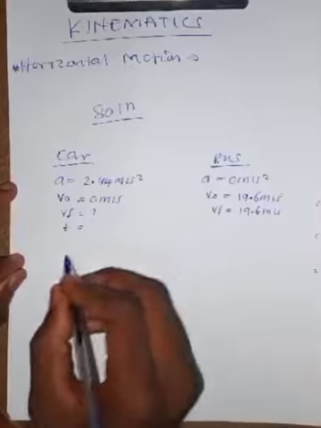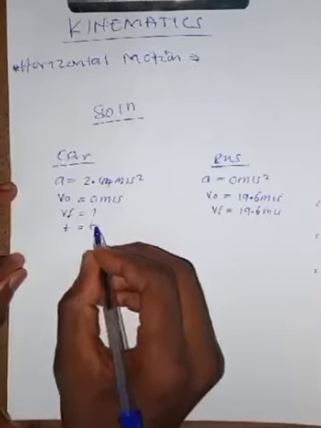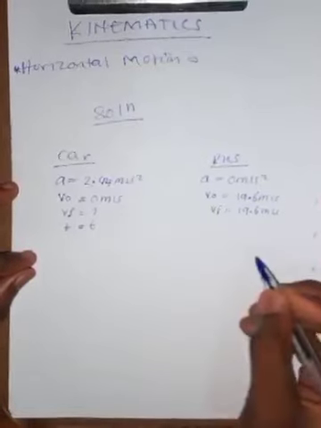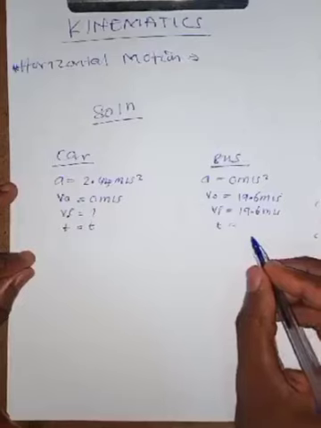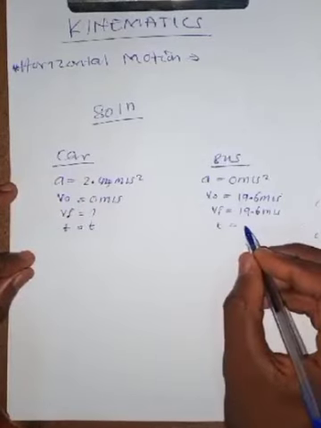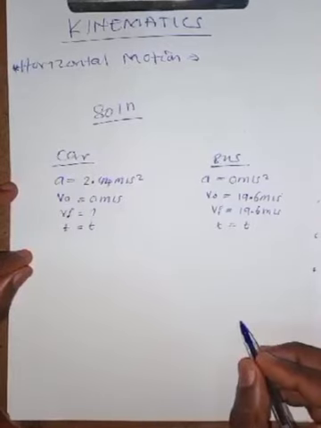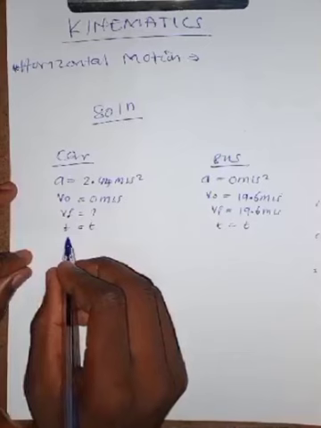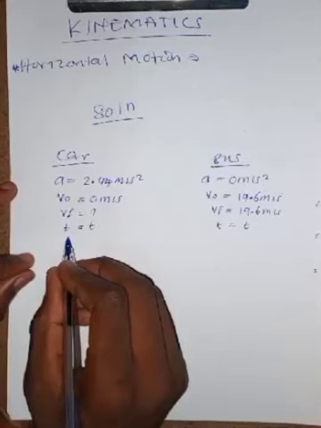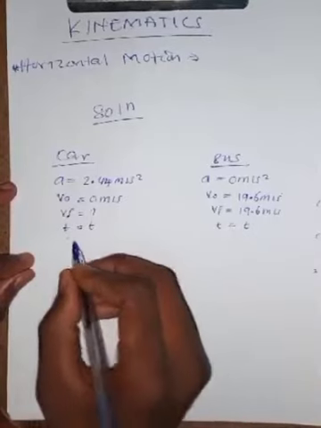So the time that they took for them to actually meet, or for the car to overtake the bus, is not known. We are just going to call it time, t. And the time for the bus at which the two met, they took the same time, which is t. Are we together? Because the time was the same. What about the displacement that the two vehicles actually had to cover?